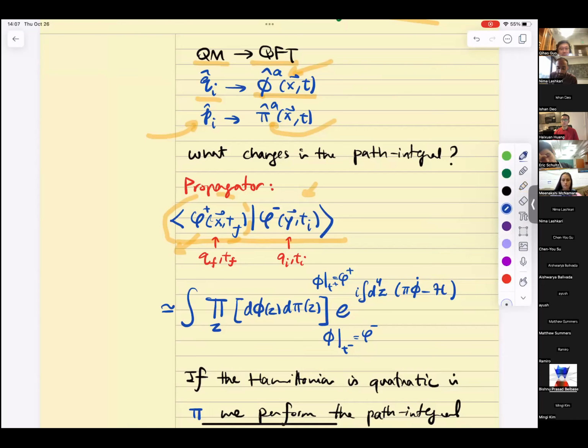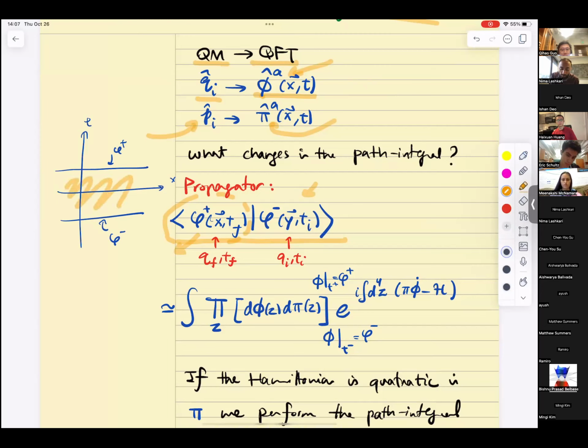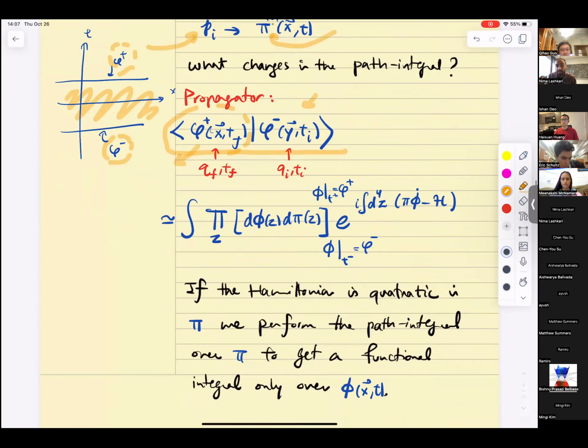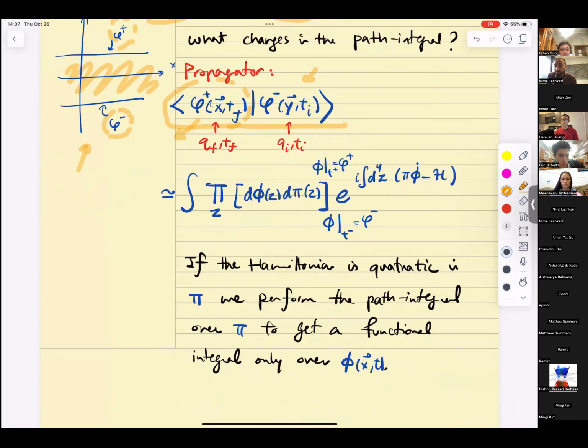So your path integrating here, you have fixed φ minus, here you have fixed φ plus. This is space-time, right? t, x. And you're path integrating over all functions that have this one as a boundary condition and this one as a boundary condition. Okay. But as I said earlier, this picture looks like I'm doing it in real space.